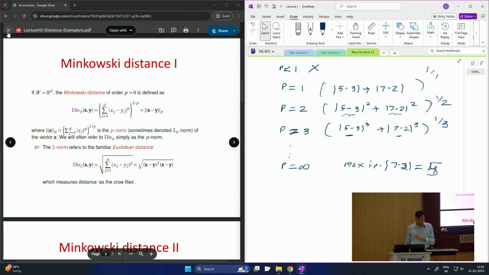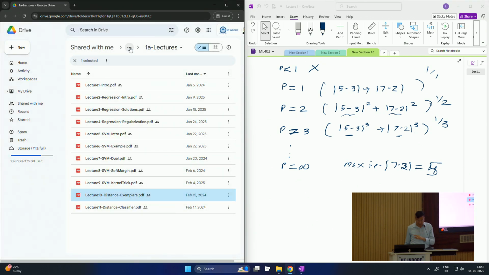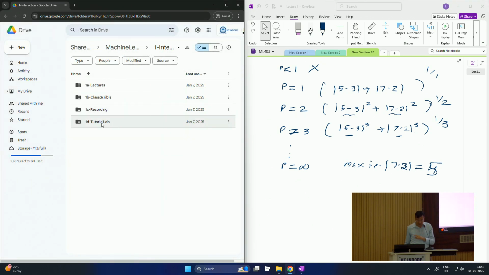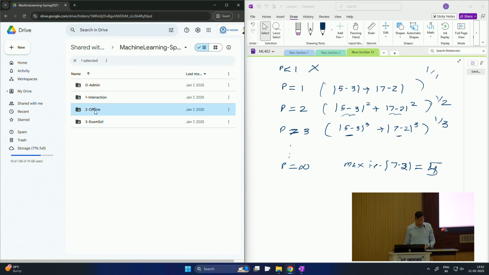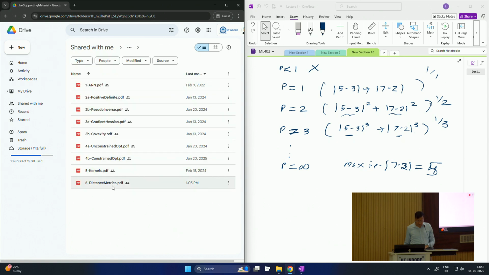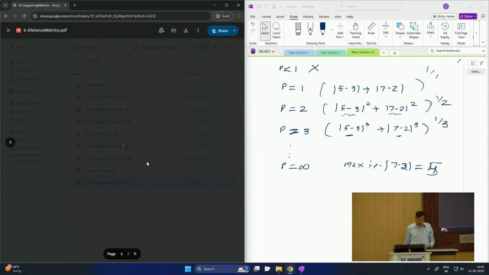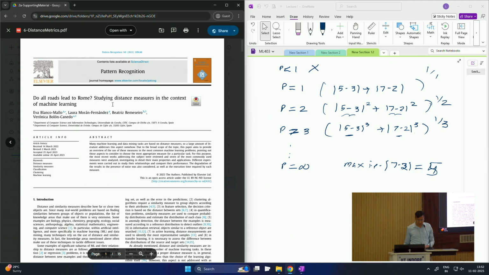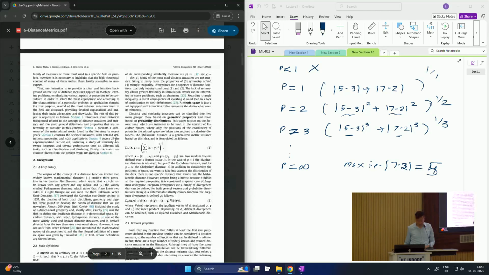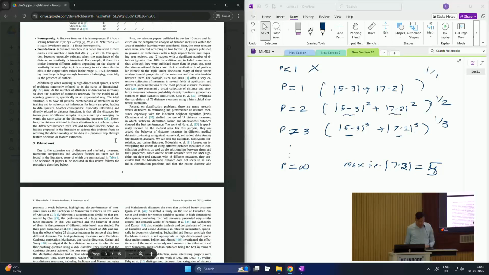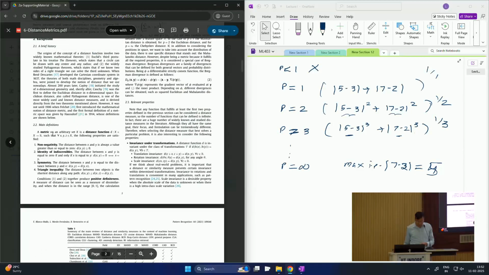Then there was, can I have more reading material? So there's this paper which talks about these distance metrics from a machine learning perspective, which you can read. I've uploaded it here. It talks about many other distances. Do all roads lead to Rome? Studying distance in the context of machine learning. So it talks about many other metrics here. Of course, the very first thing is the metric properties, the 4 which we have seen.